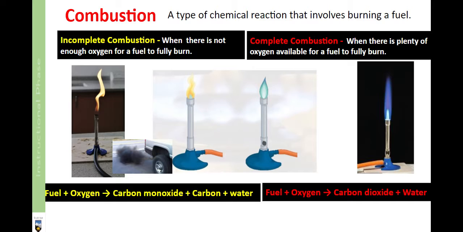So when there is a limited amount of oxygen available for the fuel to combust, it won't burn fully, it will burn incompletely, hence the name incomplete combustion. And rather than making carbon dioxide, it makes carbon monoxide. And we know that is actually a toxic gas, it's poisonous for us. It can also give out pure carbon in the form of soot particles and water as well.